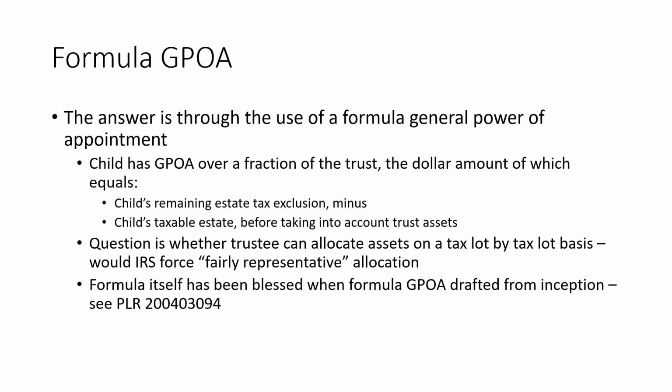That's kind of unsettled, but the good news is that the formula itself has been blessed, at least when it's drafted from inception. There's a few private letter rulings out there on that.